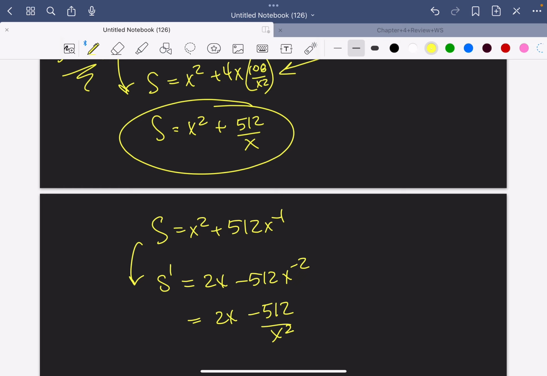Hold on a second. I'm sorry, that's 432, not 512.